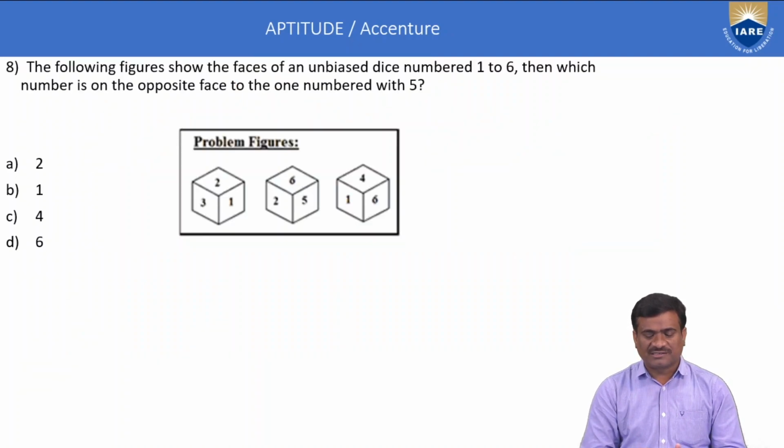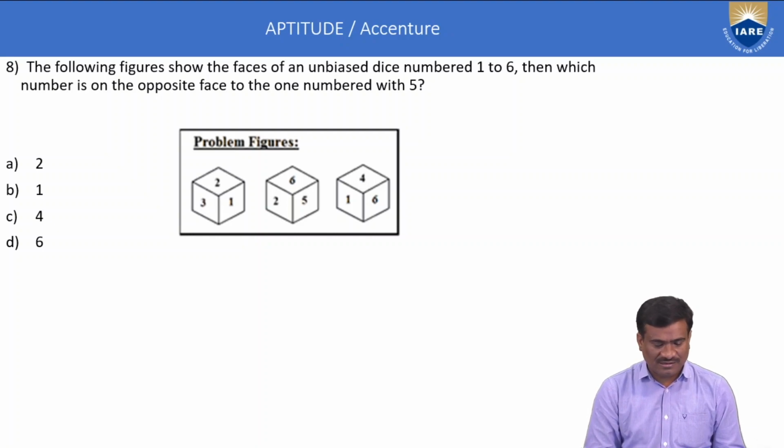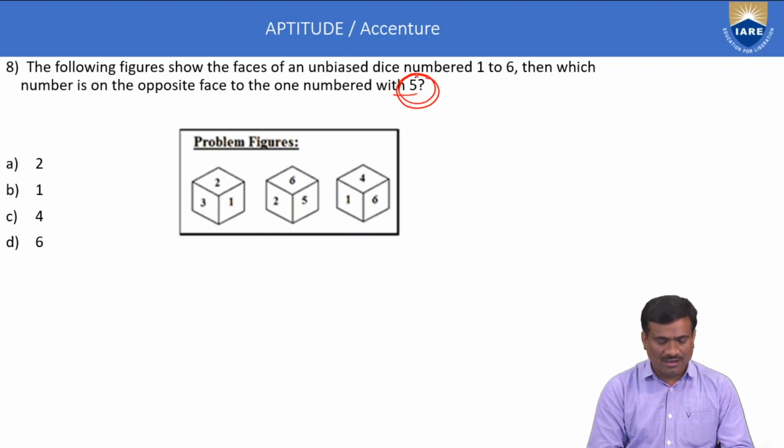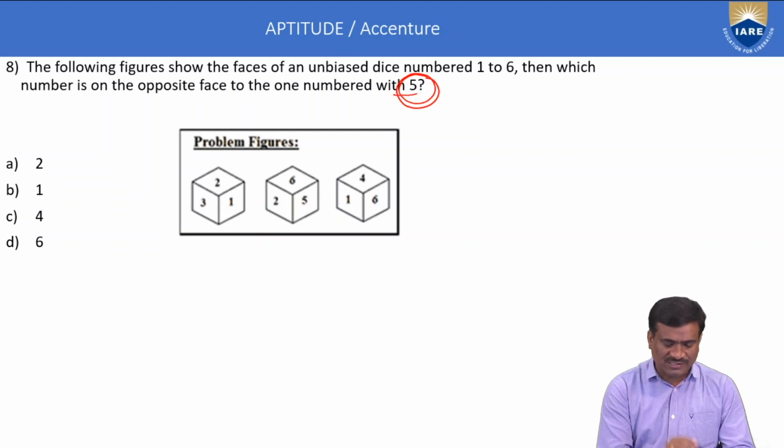Next, the eighth example, dice concept. The following figures show the faces of an unbiased die numbered 1 to 6. Which number is on the opposite face to the one with 5? Calculate the opposite to 5. Options: A 2, 1, 4, 6.